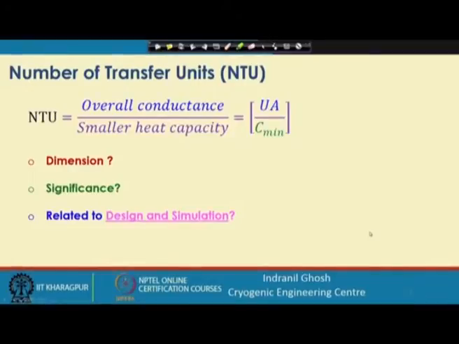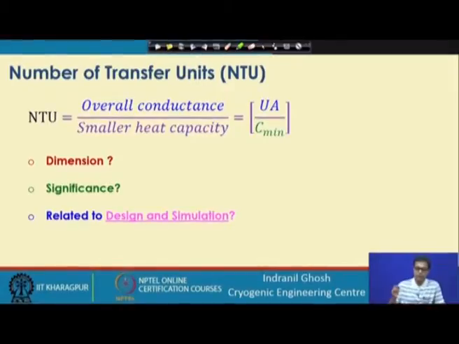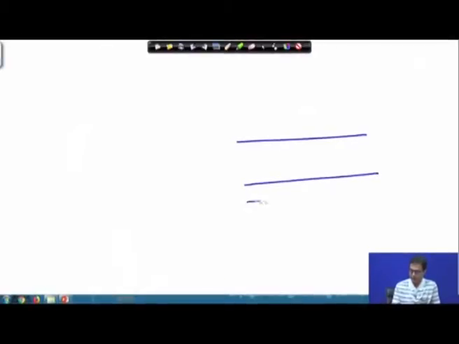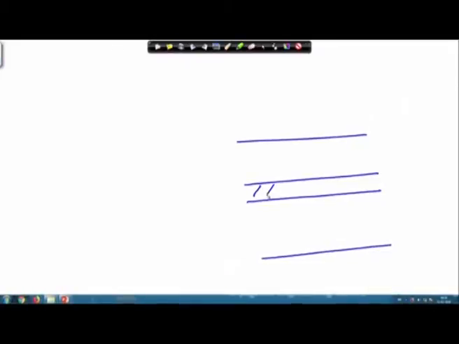So, NTU is basically a ratio between the overall conductance and the smaller heat capacity. Now, if we remember, we have earlier talked about a two fluid stream heat transfer, where we had a hot fluid separated from the cold fluid by a separating wall.